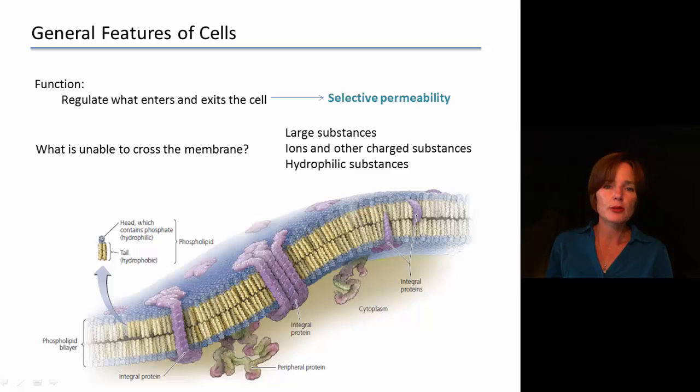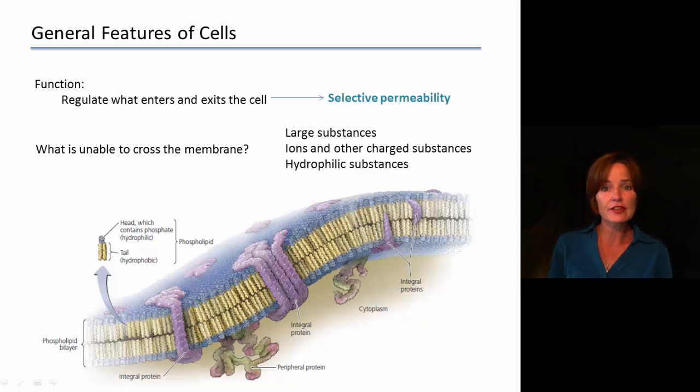And those types of things are going to be primarily large substances. So if they're really big, they would have a tough time squeezing through. We're going to have ions and other charged substances that have difficulty getting through. And that will be just because of the chemical nature of the inside of the membrane prohibits them from crossing. And then other hydrophilic substances are not going to be able to cross the membrane.